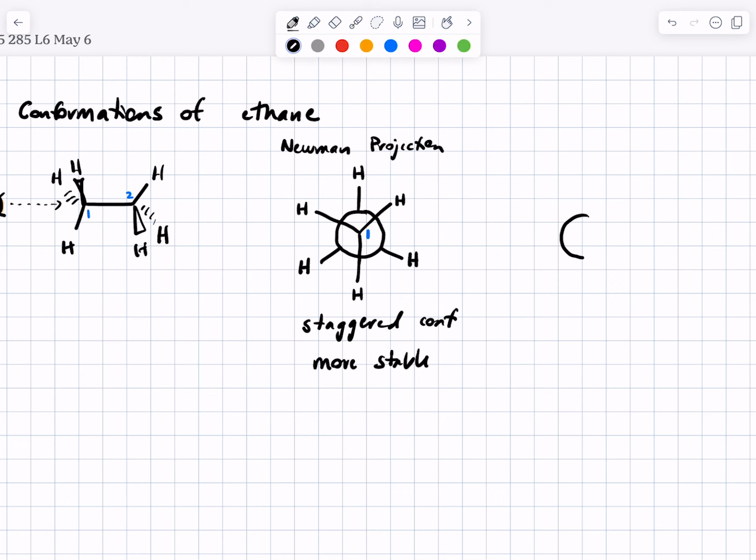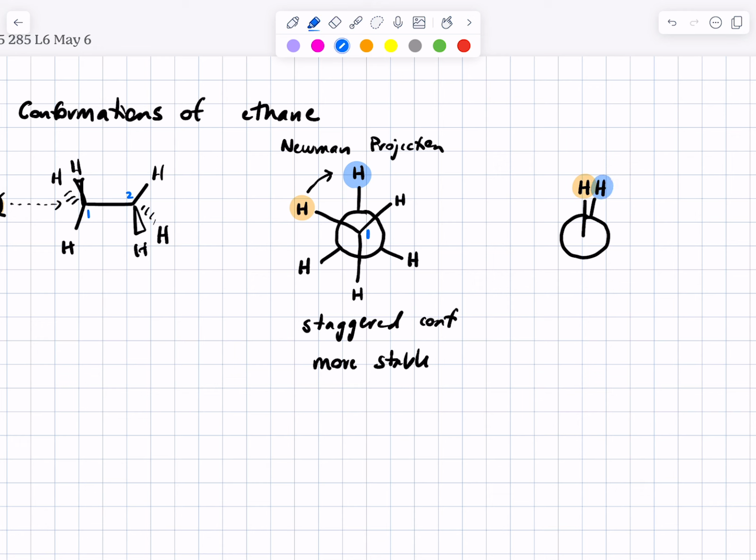So the way I would do that is I would draw, and supposing we label the orange hydrogen, and then this one is blue, we'll label the one there blue. If I rotated in this direction, the orange hydrogen in the front is now going to be eclipsed with the blue hydrogen in the back.